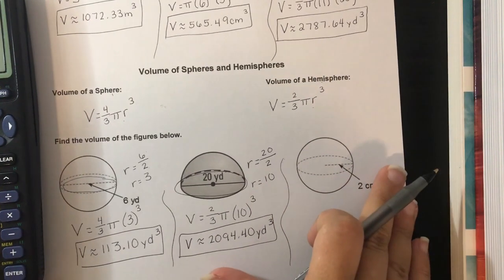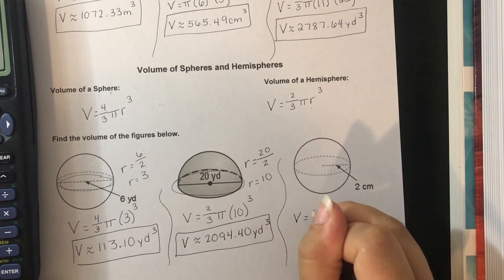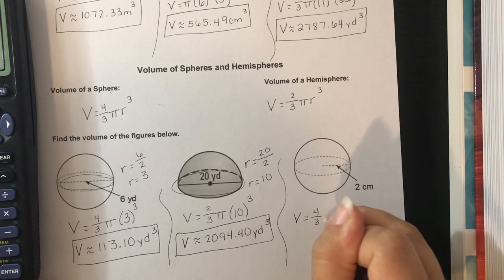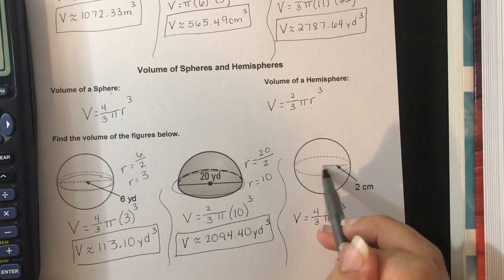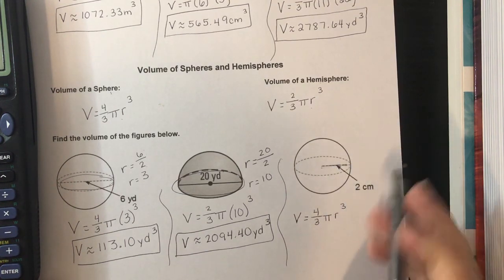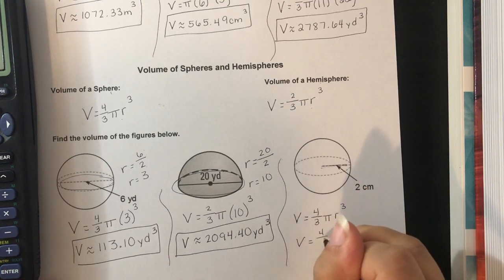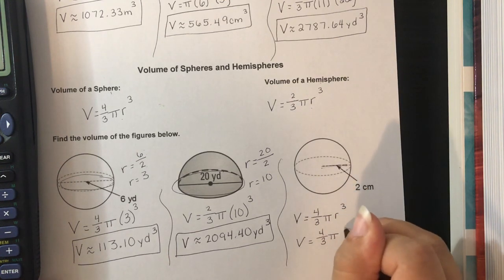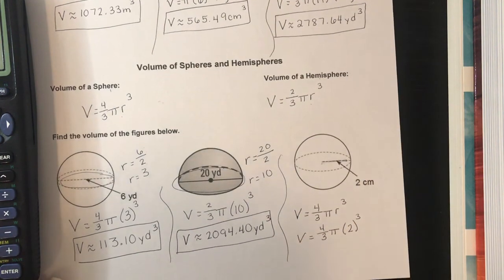The last example, we have another sphere. So I'm going to go back to using the volume of a sphere formula, 4/3 pi r cubed. In this one, they did give me r right away, so I don't have to cut it in half this time because they gave me the radius to start. So it'd be 4/3 pi times 2 cubed.